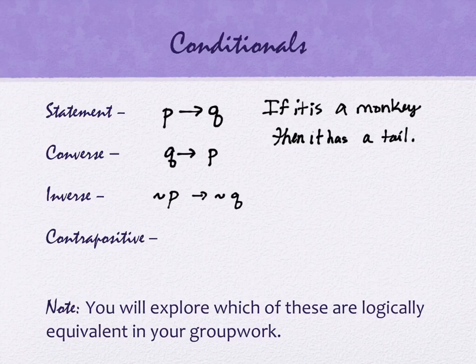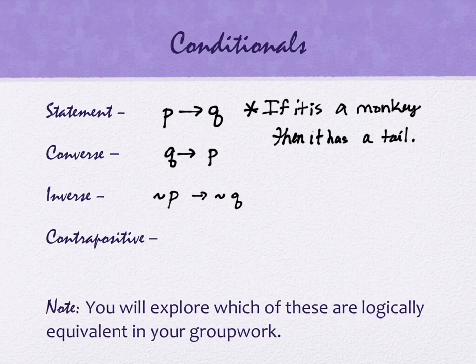Okay, so that was my statement that I'm referencing back to. For an inverse, the order doesn't change. So the monkey part stays at the beginning, the tail part stays at the end. But we negate each piece. So we say, if it is not a monkey, then it does not have a tail. Okay, so you're just negating the pieces, but you don't change the direction.